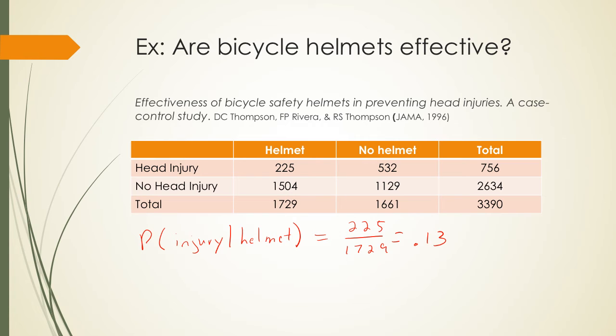Now we compare this to the probability of a head injury given that you're not wearing a helmet. A total of 1,661 individuals were not wearing a helmet, and of those, 532 suffered a head injury.